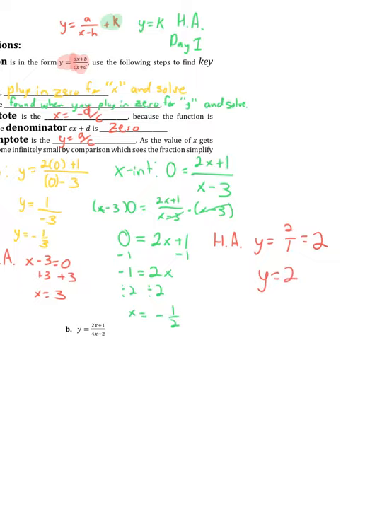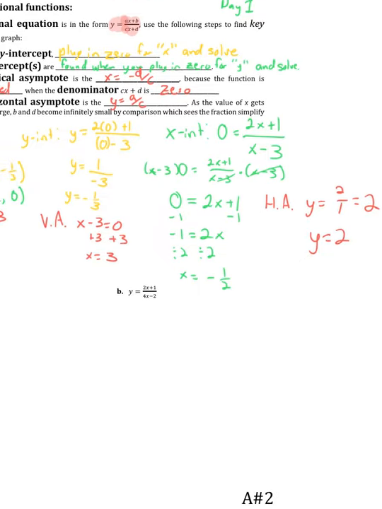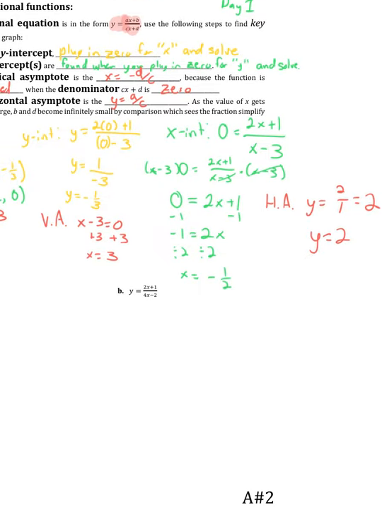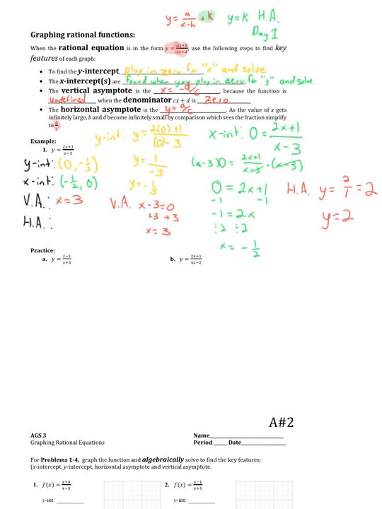And let me show you that horizontal asymptote one more time. Sorry, I'm moving around a lot here. I'm going to zoom out just a little bit. There we go. y equals 2. The whole idea of the horizontal asymptote is thinking about end behavior. It's like what's happening on the far end of the graph.